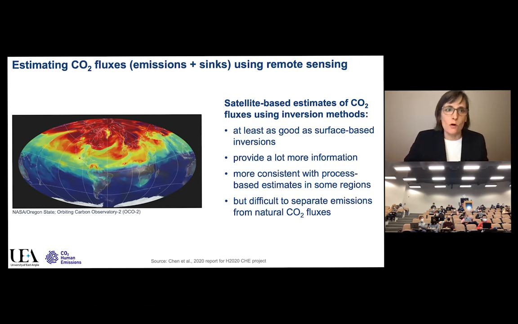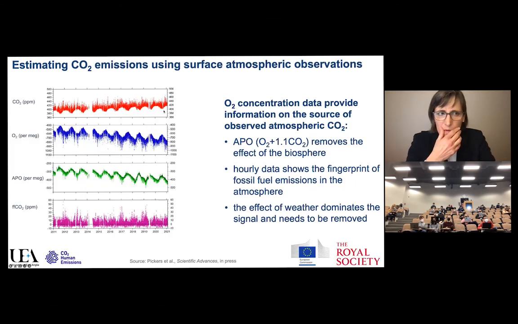So you need to do more work there to do that. But lots of things are upcoming there. And I want to talk also about an alternative method to estimate CO2 emissions. And this one is based on oxygen data.